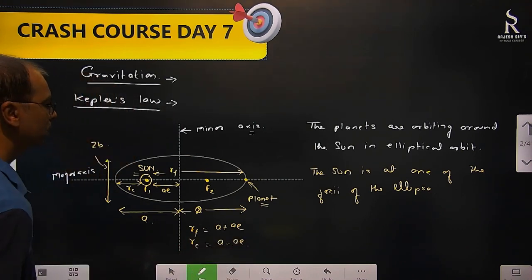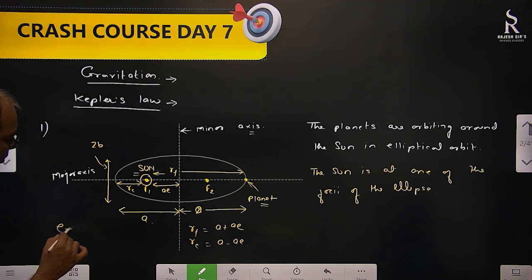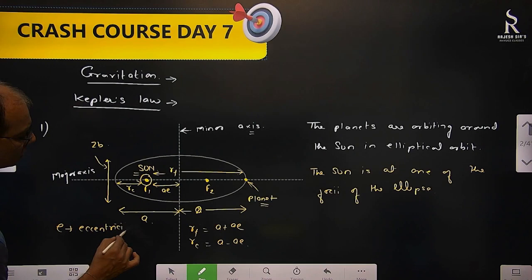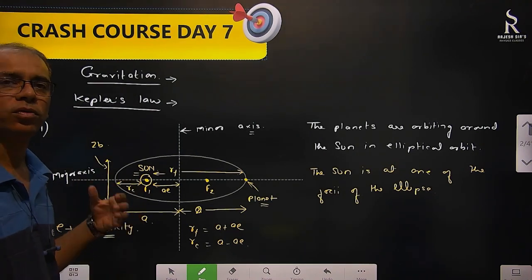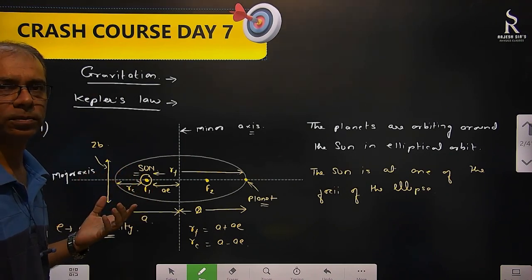Now what is E? E is eccentricity, and its value is constant. For Earth, its value is constant, and for any other planet, its value will be constant.